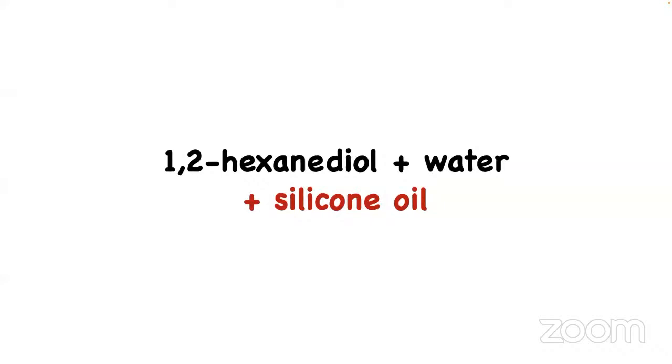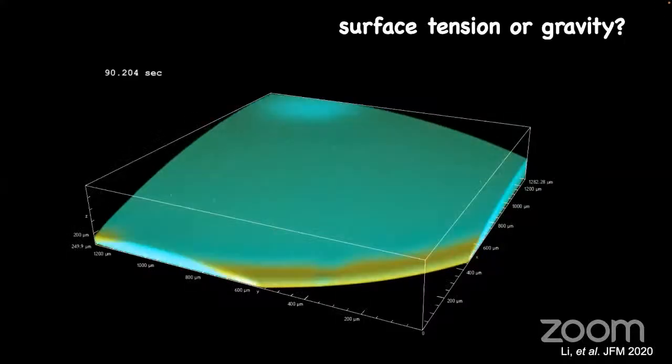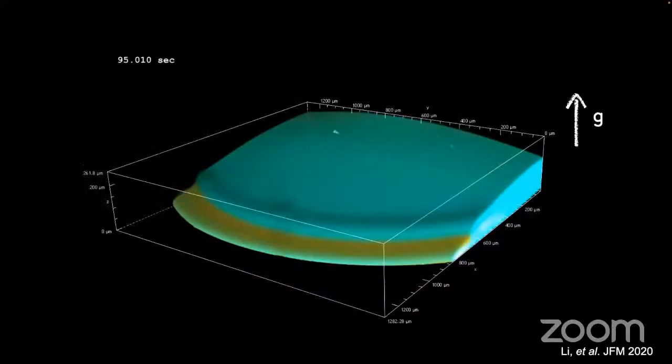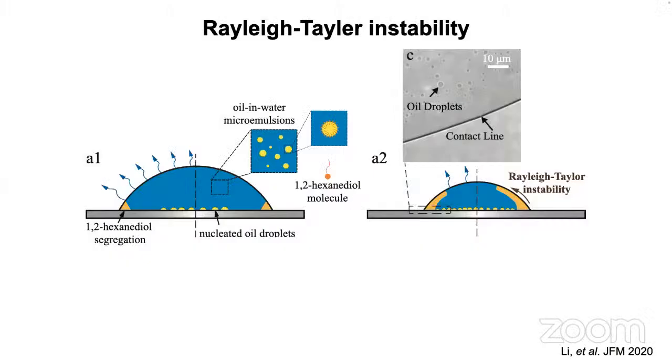And then you said because the oil is not miscible with the liquid, it nucleates first at the bottom, and this will be nucleation sites for the hexanediol.